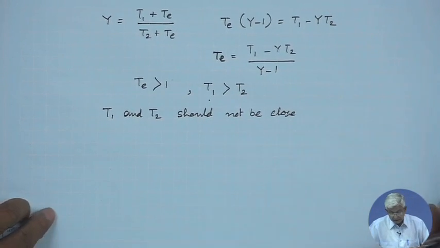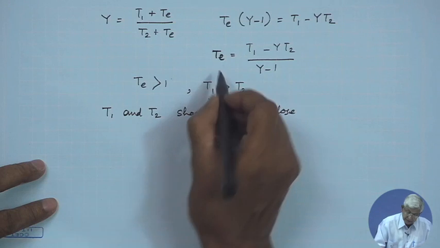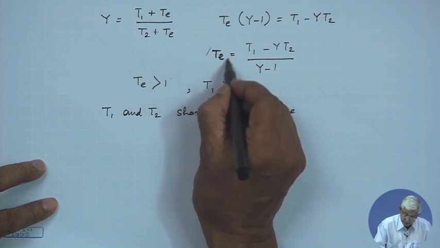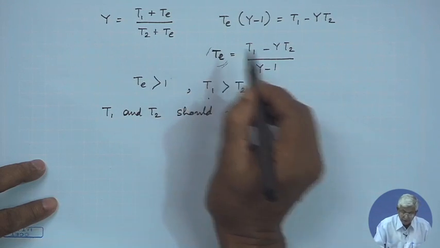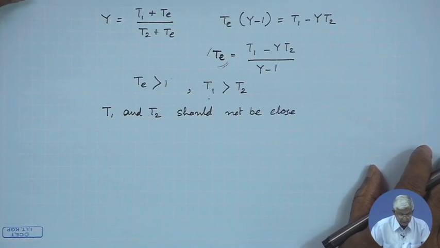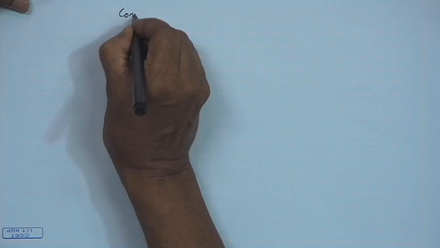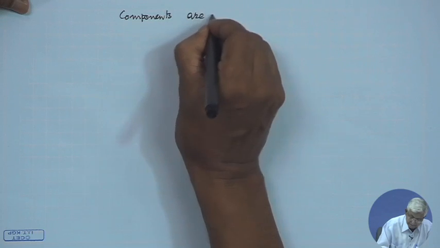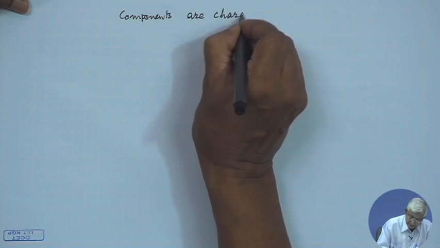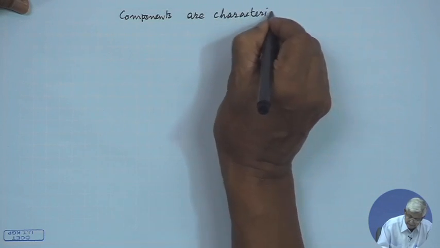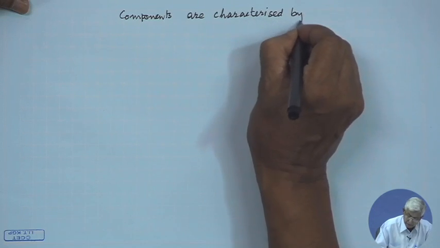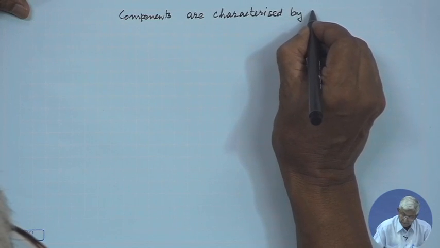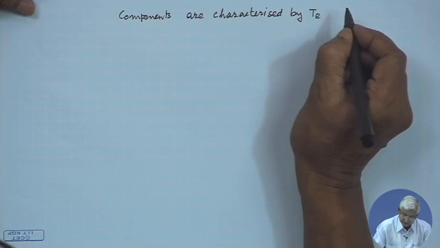Now, this effective noise temperature is what we have measured. This is one way of characterization of a component. There are other ways of characterization. So, normally components or subsystems are characterized by Te or the noise temperature.